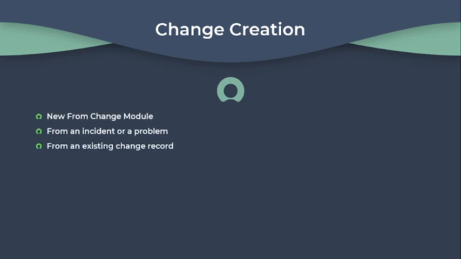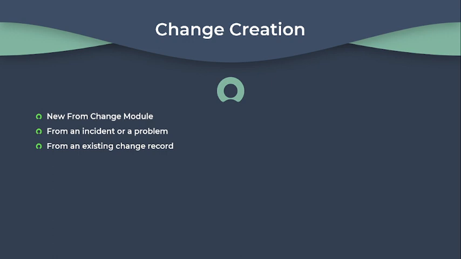We can create the change from these three options: we can create a new change from the new form in the change module, from an incident or a problem, or from an existing change record. So we can create all three types of change from the change module.